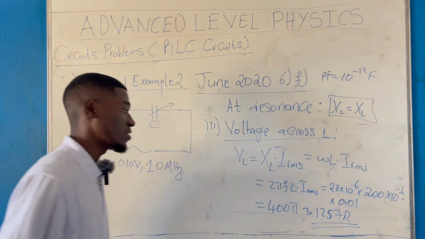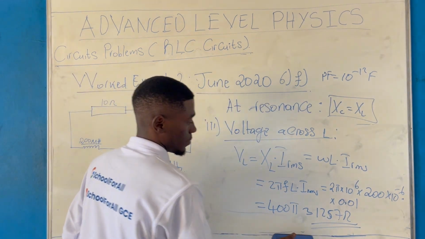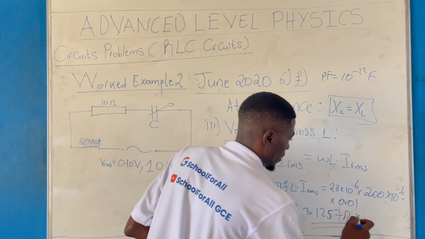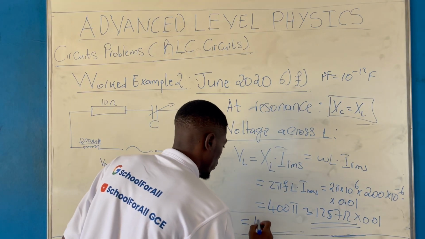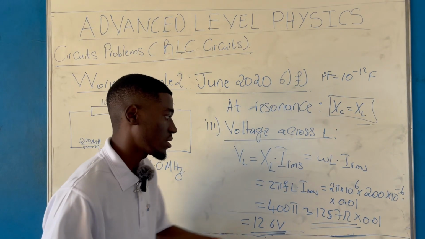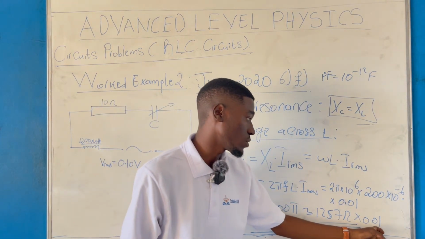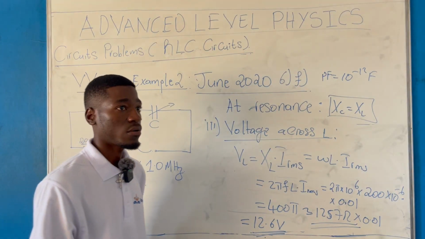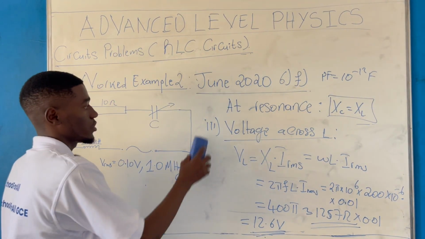So that is the value of XL. We now multiply it by the current, 0.01, so that we have 12.6 volts, the voltage across L. Now let us go to the last part of our question.